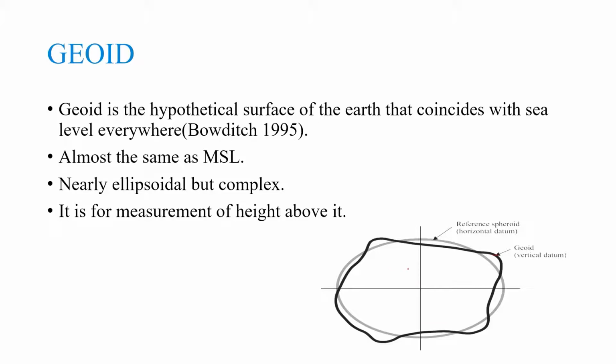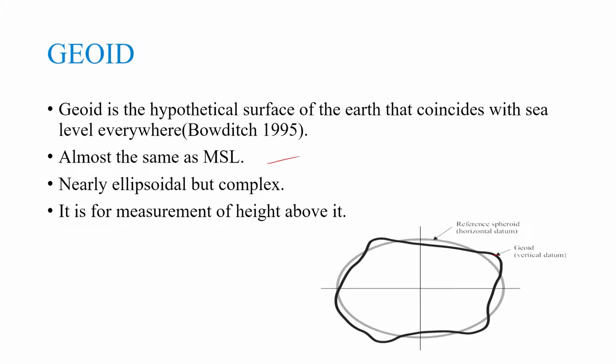It coincides with sea level everywhere, according to Bowditch. Okay, it's almost the same as MSL, and it's nearly ellipsoidal, but it's a complex thing. If you see this diagram, then you can understand it's a complex thing, but similar to an ellipsoid. Using this geoid, we calculate the height of a point or of an area.